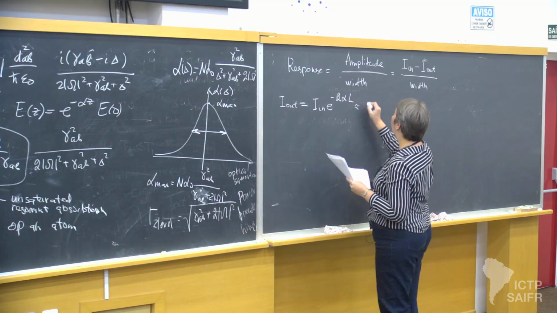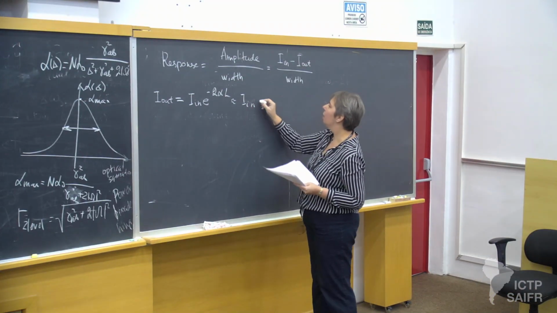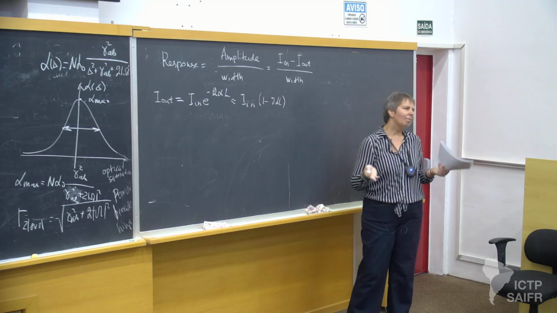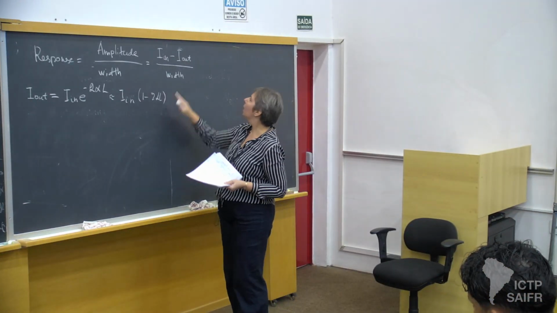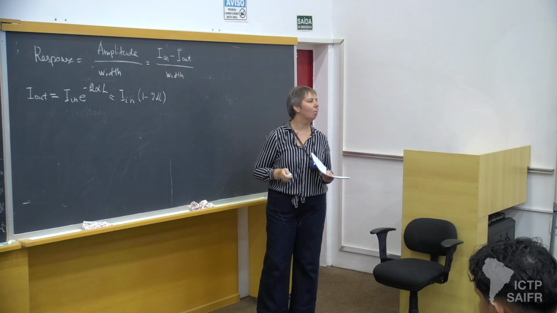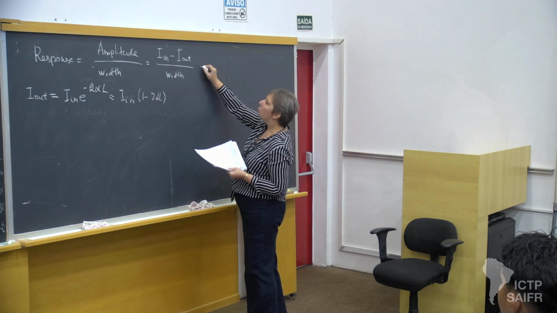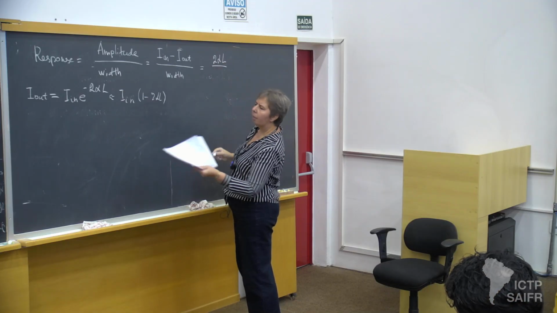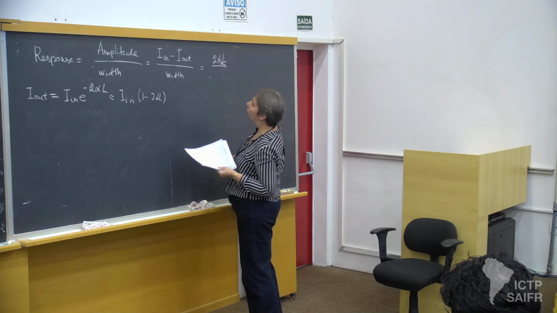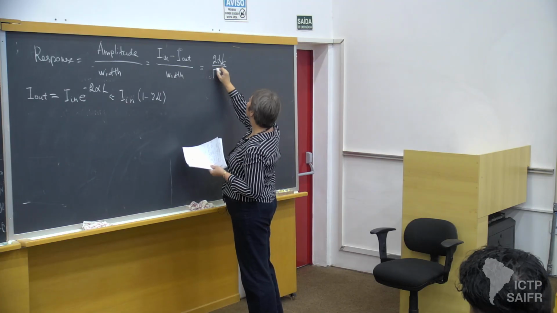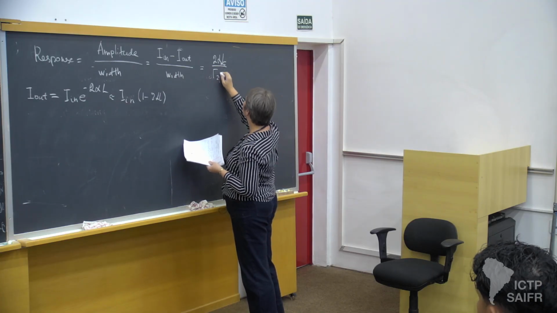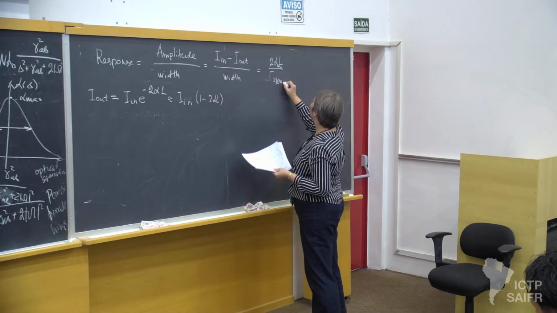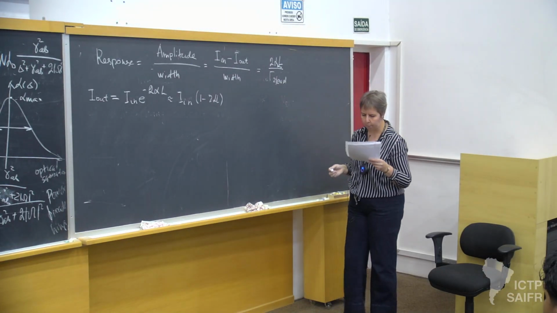So we're going to simplify it and say that it is I_in times (1 minus 2 alpha L). I think it's fair. So what it does, it makes this calculation of the amplitude much easier. That is going to be 2 alpha L, and this is our maximum alpha, of course, if you want amplitude, divided by this two-level, how did I call it? Two levels, yes. Okay, we have an expression for that.